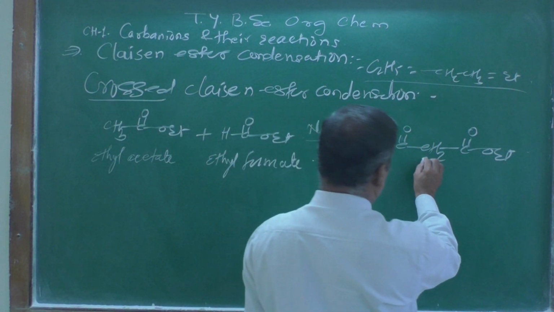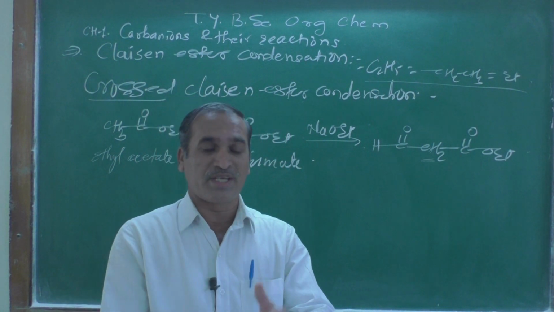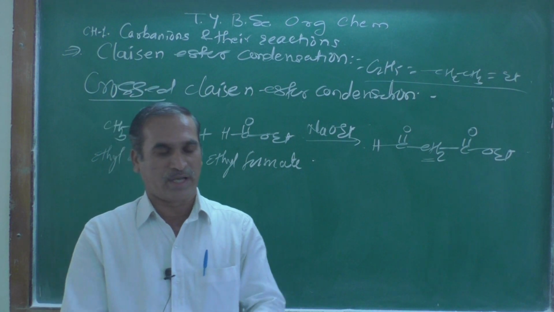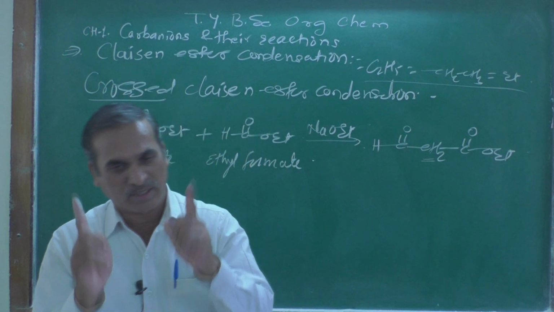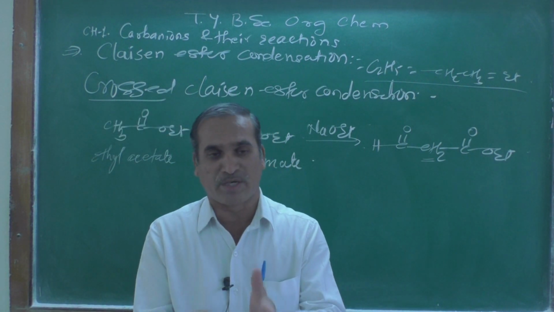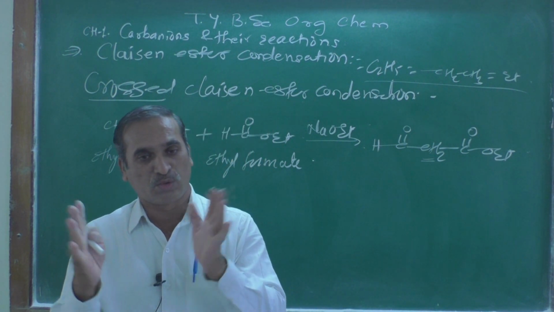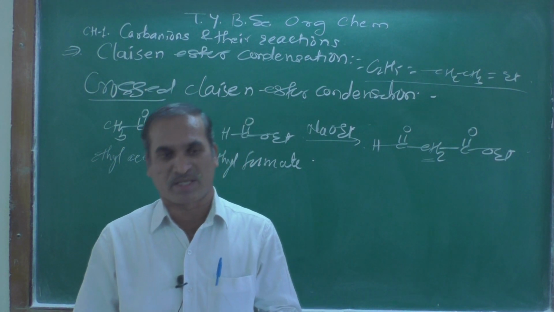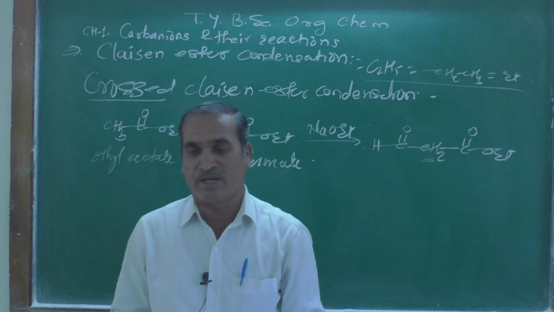And here, remember, this is called a reactive methylene group. Why is it referred to as a reactive methylene group? I already explained the reason yesterday, but let me tell you again. It is present between two flanking carbonyl groups, meaning electron withdrawing groups are present on both sides, and therefore these protons are highly acidic in nature.